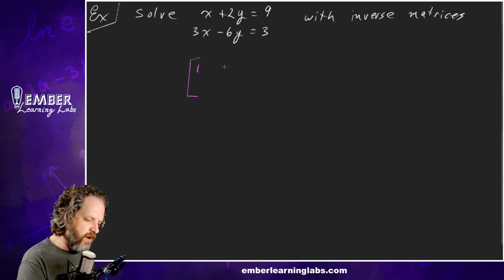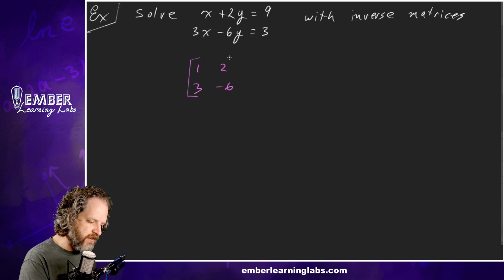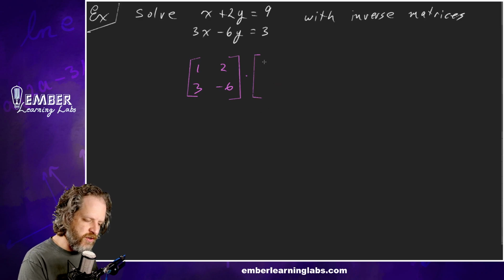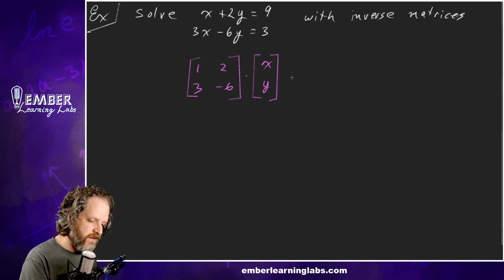It's going to be [1, 2; 3, -6] times the 2-by-1 matrix that has x and y in it, and that equals the solution matrix, which is going to have 9 and 3 in it.